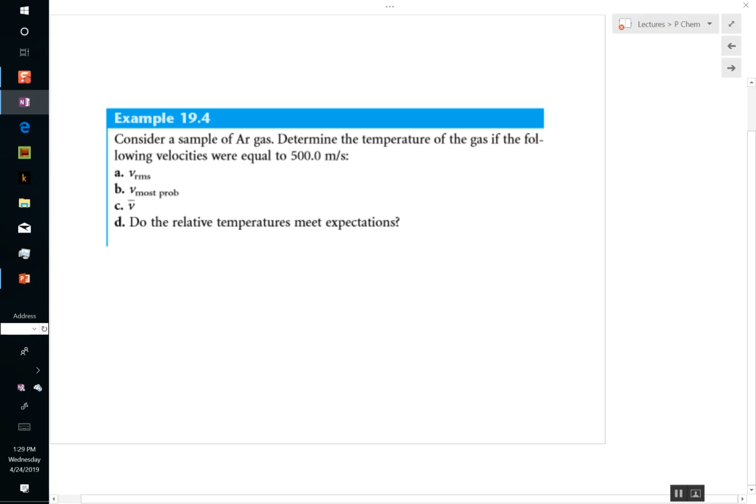All right, so example 19.4 basically asks, let's assume you had this velocity, but let's assume it was the root mean squared velocity, or the most probable velocity, or the mean velocity. Determine the temperature of the gas for those 3 conditions.